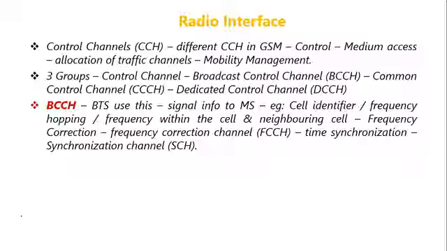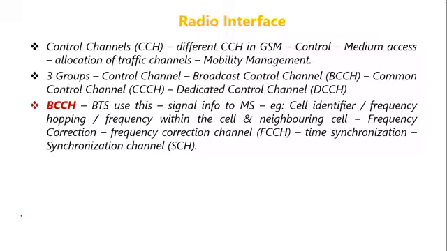The BTS also sends information for frequency correction via one particular channel called the frequency correction channel, FCCH. And information about time synchronization is sent through a channel called SCH, the synchronization channel.